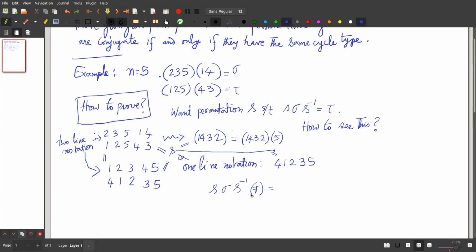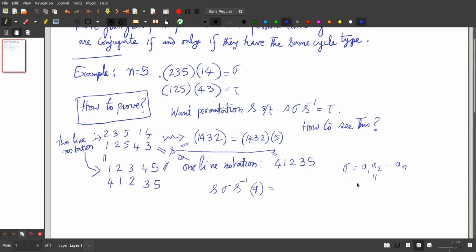Sorry, Annamalai, I'm not following. Okay, suppose in general you write sigma equal to A1, A2, up to AK in one-line notation, times some other permutation. Suppose sigma is a product of two disjoint permutations.